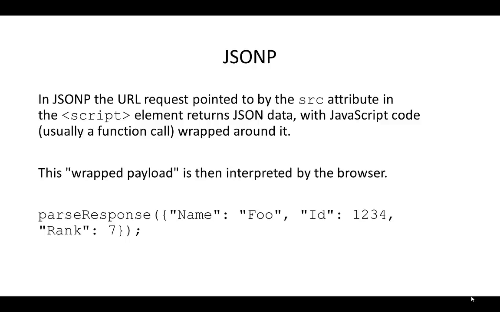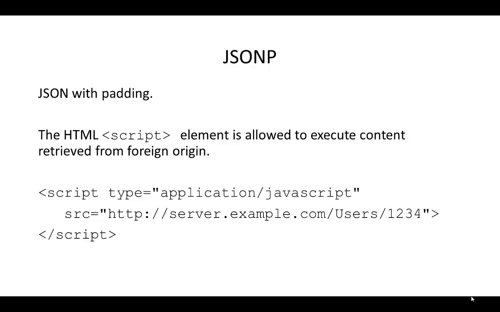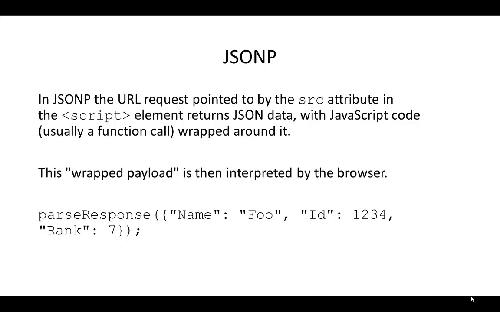Okay. So basically, when that happens, if this src tag is pointing to something that returns JSON-P, what is returned is the data in JSON format wrapped up in a JavaScript function.